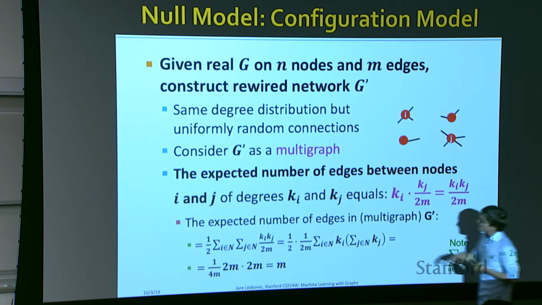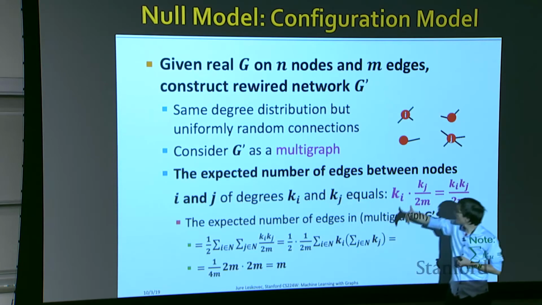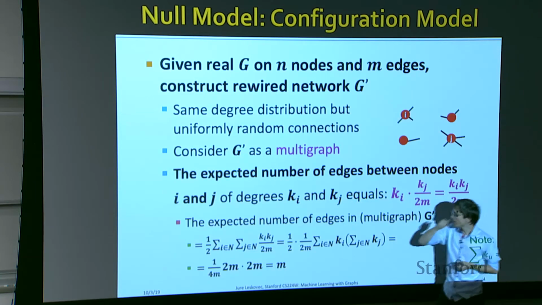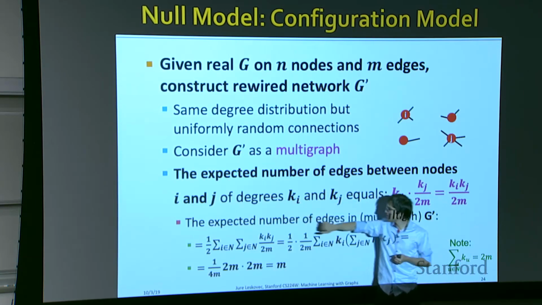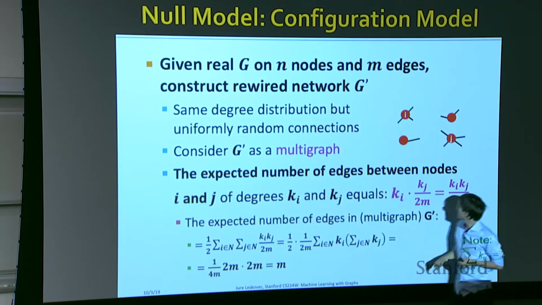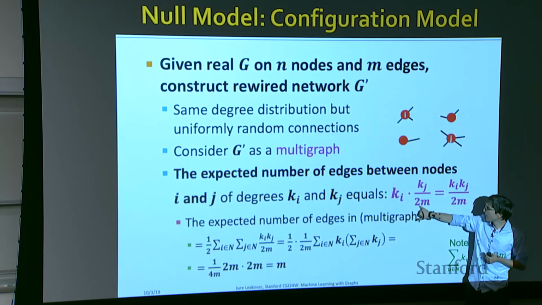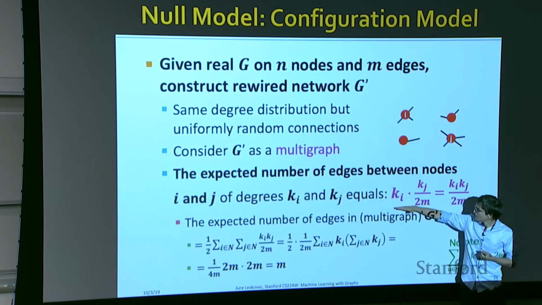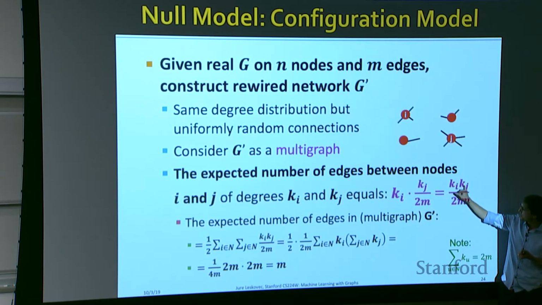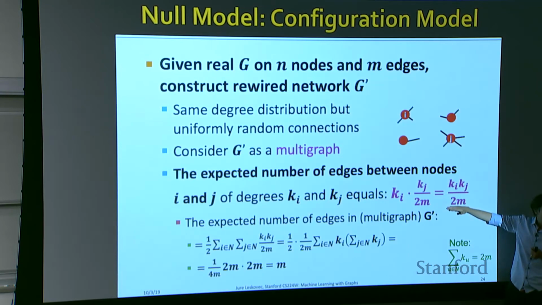It turns out that the expected number of edges between nodes i and j, where i has degree k sub i and j has degree k sub j, is k sub i times k sub j divided by 2m. So it's basically the product of the degrees divided by 2m.